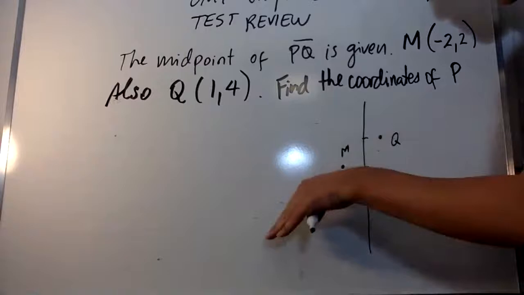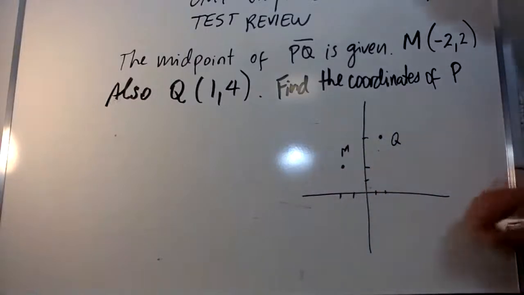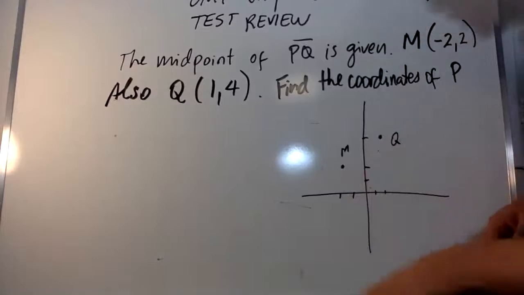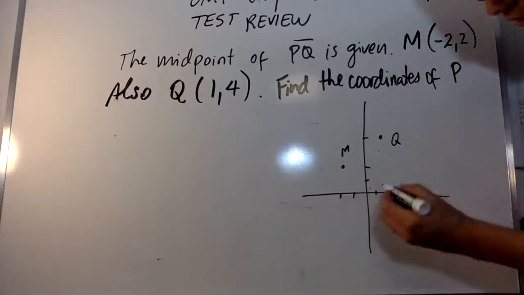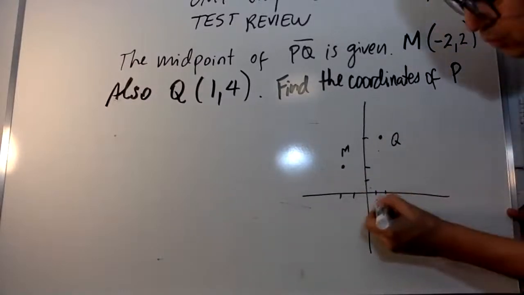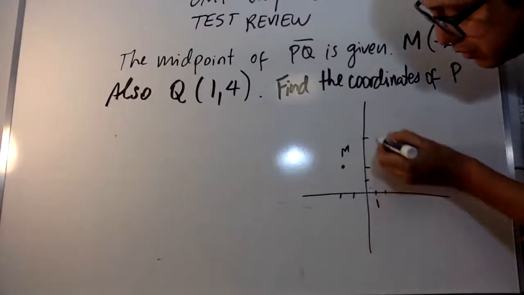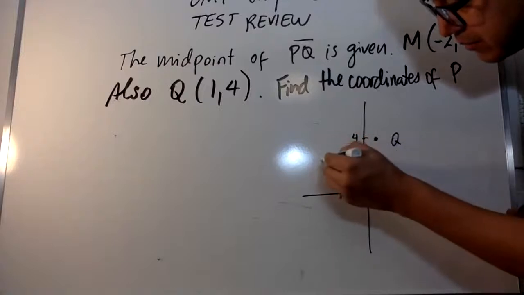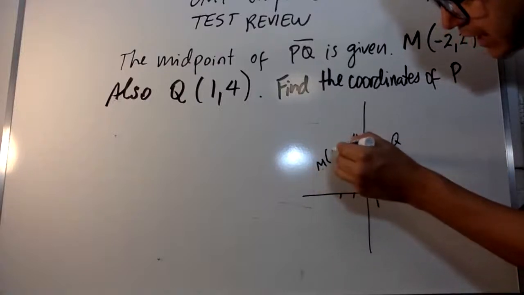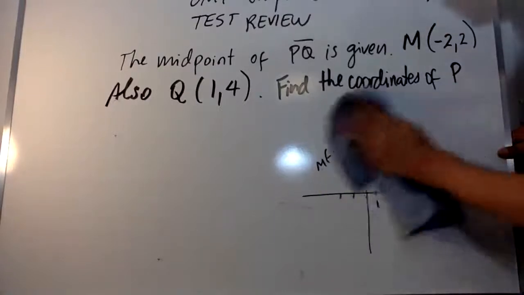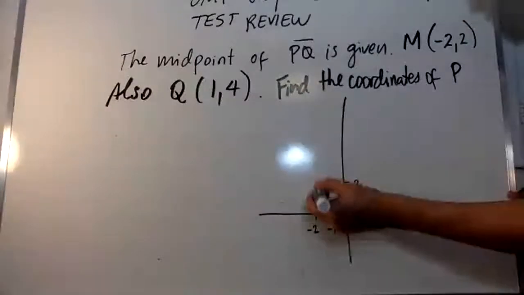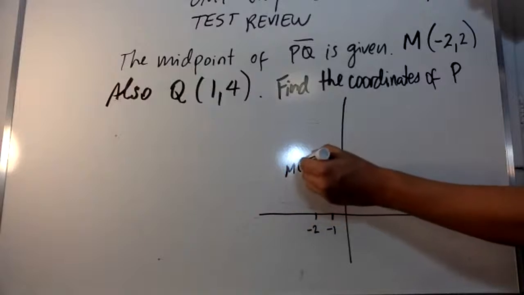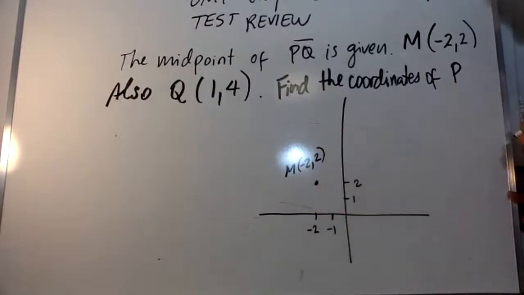So it seems like the segment goes that way, right? Let me just indicate these numbers, okay? So this is 1, 4. All right. Now M is located at, I'll do it a little bit bigger so it is not confusing. So that's where it is. This is where M is at -2, 2.